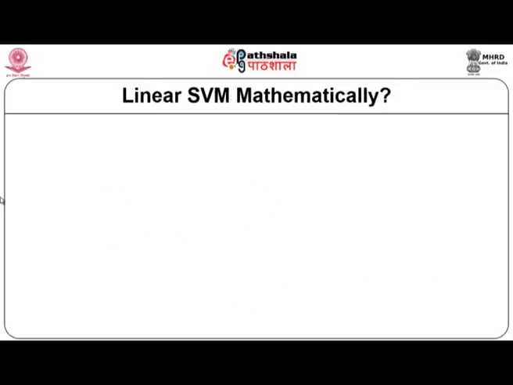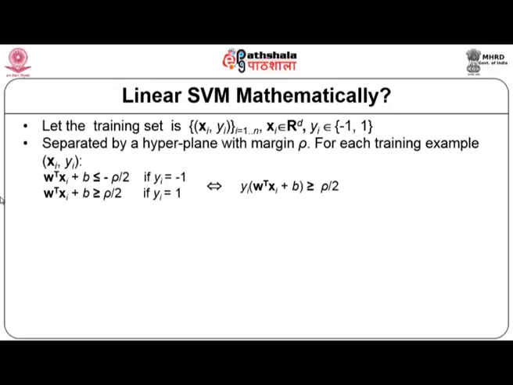Now, can we represent this linear SVM mathematically? Yes. So, let us assume the training set is xi, yi, there are n such points, and the x sits in a real space of some dimensionality, and yi has only two values, minus 1 and plus 1, that is, it is either positive or negative. Now, this is separated by a hyperplane with margin rho.